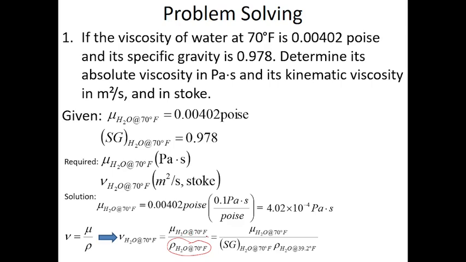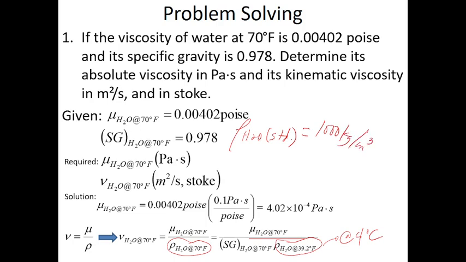So, the standard density of water is at 39.2 degree Fahrenheit. That is at 4 degrees Celsius. And the density of water at that standard temperature is 1,000 kilogram per cubic meter.